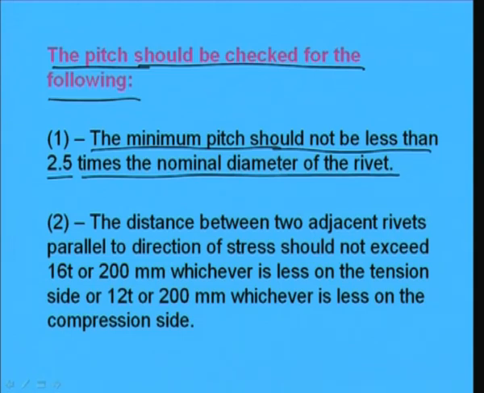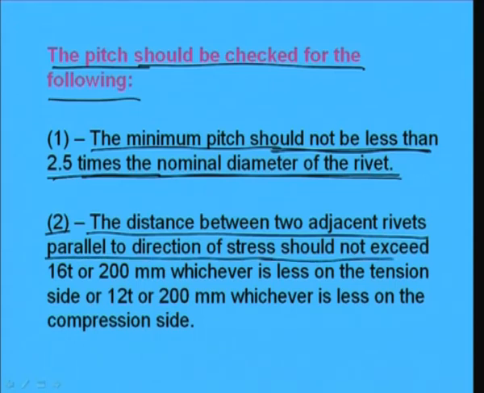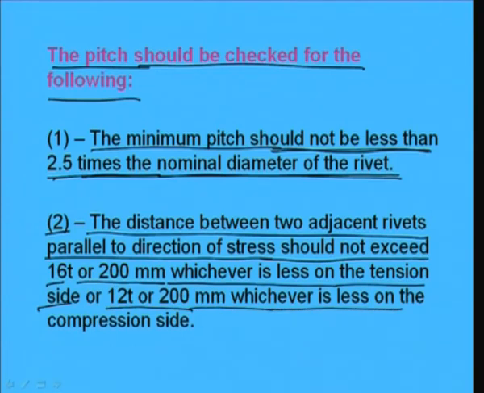Second, the distance between two adjacent rivets parallel to direction of stress should not exceed 16 T or 200 mm, whichever is less, on the tension side, or 12 T or 200 mm, whichever is less, on the compression side. So, while providing the pitch distance, we must take care of all these codal provisions.